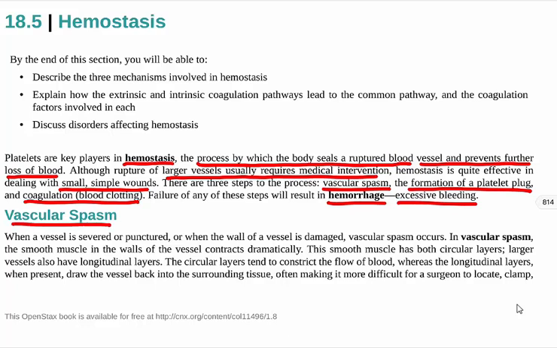When a vessel is severed or punctured, or when the wall of a vessel is damaged, vascular spasm occurs. Those things are important to note.